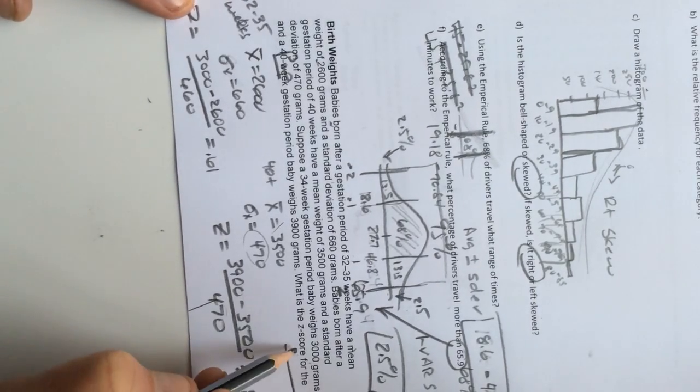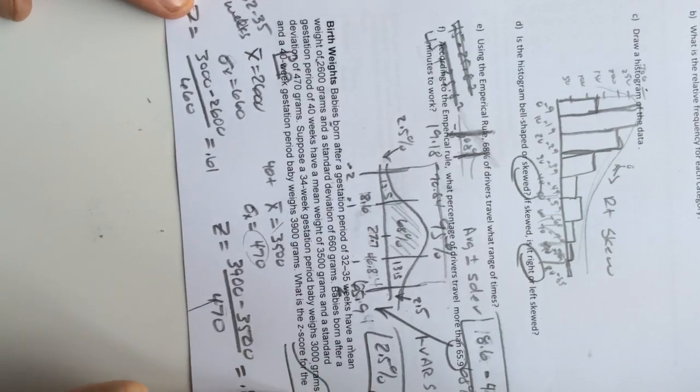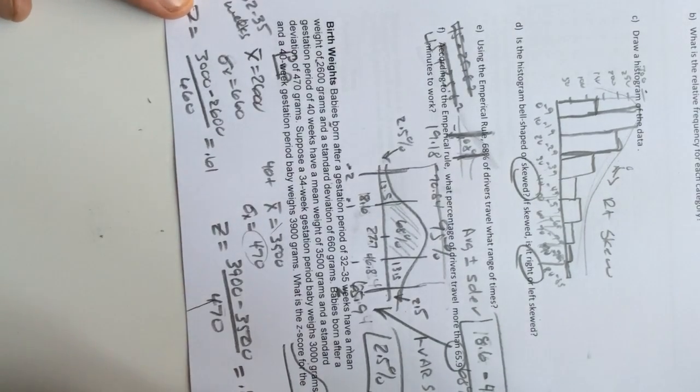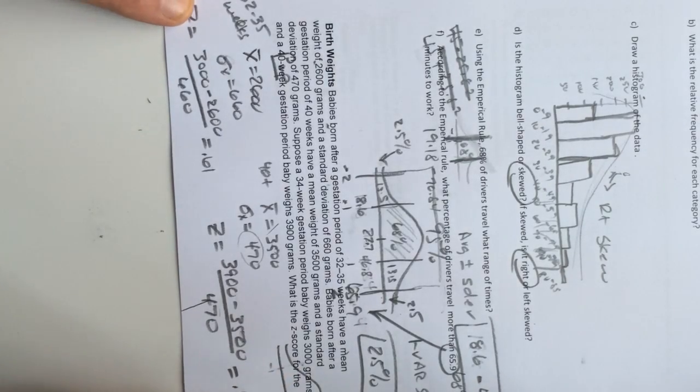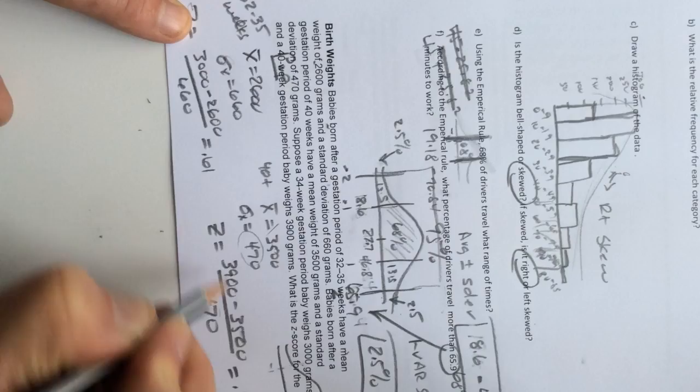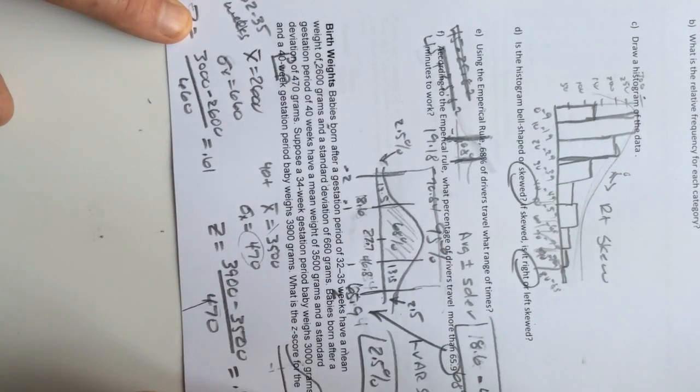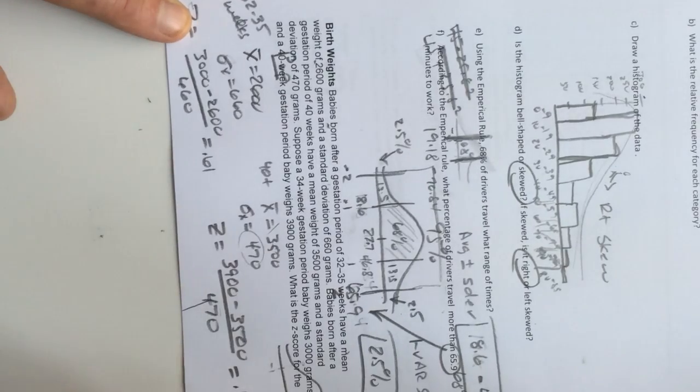Now I just want to show you the comparison here. That would be like 1, that would be -1. So they're both in the middle range, but here's the older one at 0.85, and here's the younger one at 0.61. So the older one was a little bit heavier relative to everybody else.